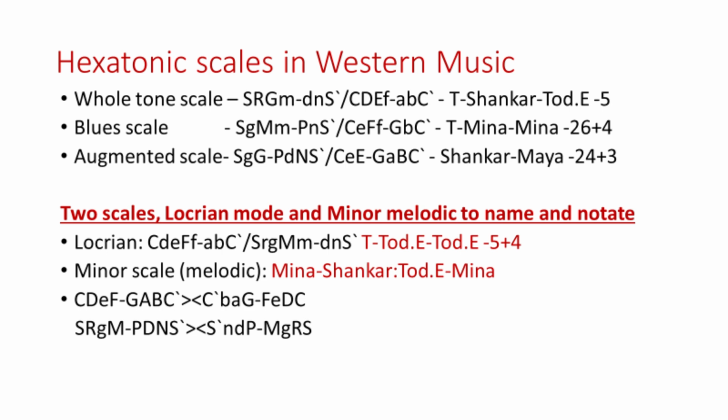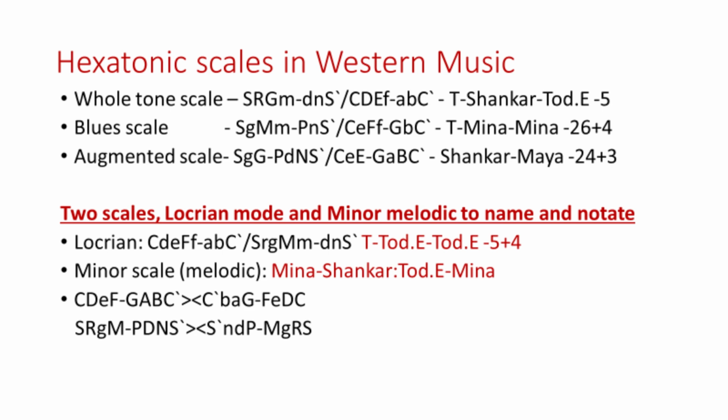The alphanumerical notations are capital C, small e, capital G, A, then small a, capital B, and capital C. This can be named Shankar Maya minus 24 plus 3 to add the extra chromatic note.